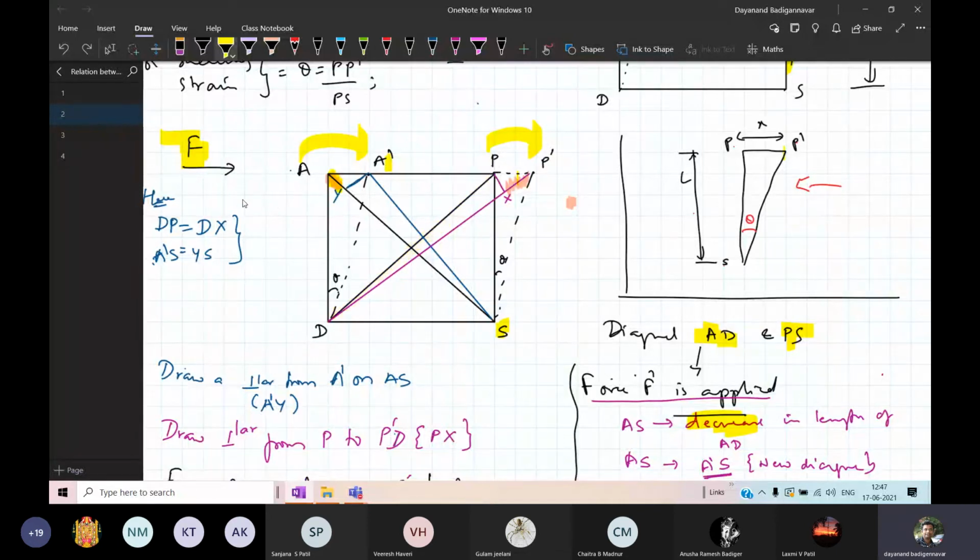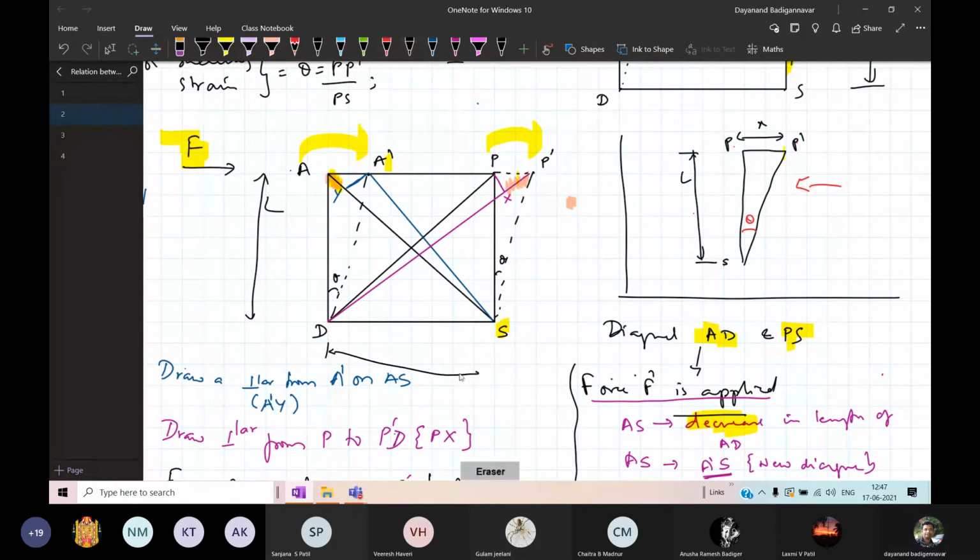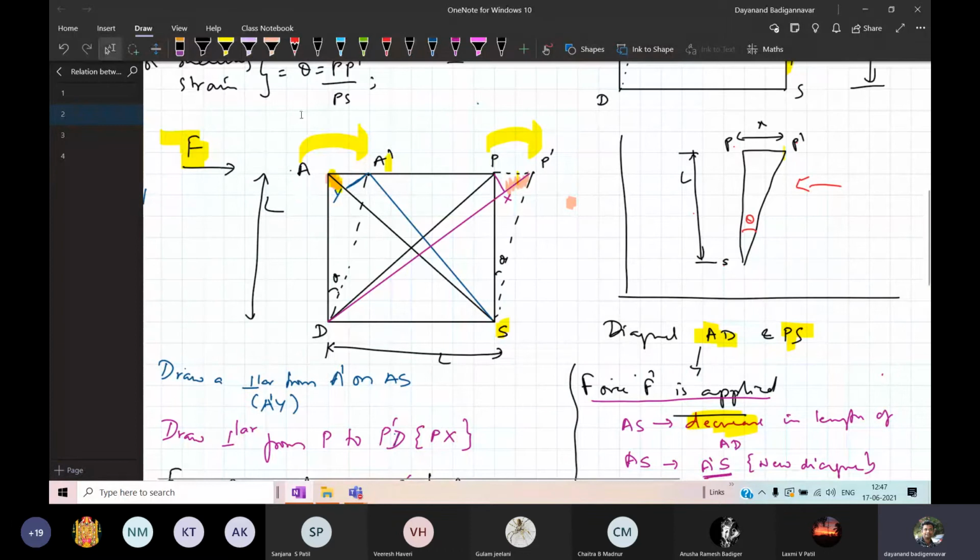Now I can evaluate the diagonal very easily by applying the Pythagoras theorem. Why? Because it is a cube. For the cube, all the sides are equal. So this is the length L, and this horizontal length is also L. If length and breadth are L, you can calculate the diagonal by using the Pythagoras theorem.